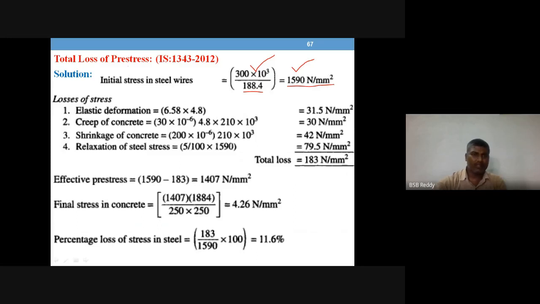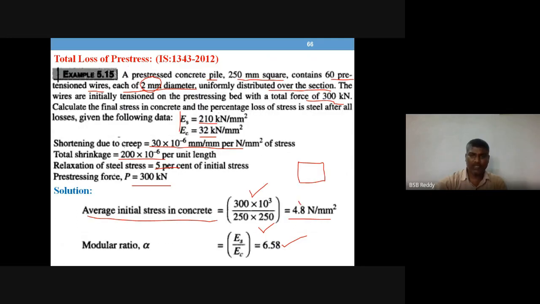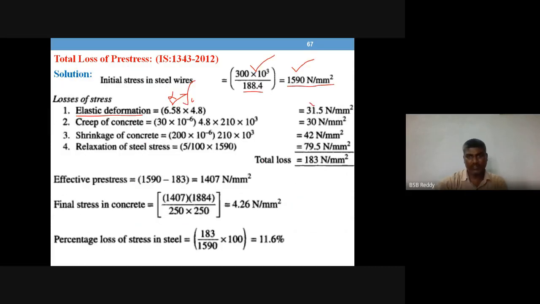Okay, now let us calculate elastic deformation loss. It is simply by multiplying alpha into fc. What is fc? 4.8 is the stress in concrete, alpha is 6.58. So this is the loss value. For creep, normally creep coefficient is multiplied by stress and Young's modulus, but creep strain is given instead of creep coefficient.